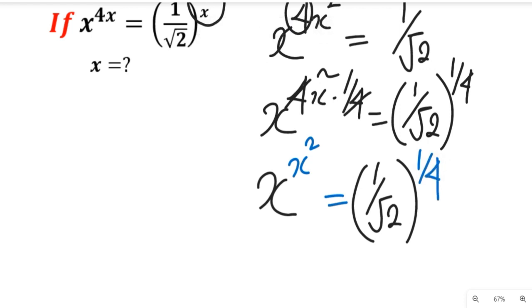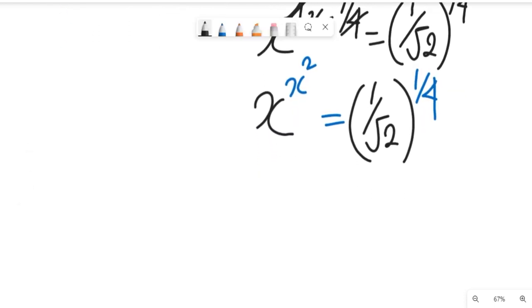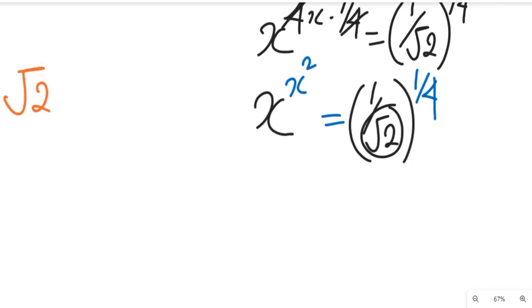Now, having done that, we'll have to look forward to simplifying this equation further. Now, look at that equation critically. You come to understand something, that this value can be simplified. Recall that square root of 2 can be equal to 2 to the power of 1 divided by 2.